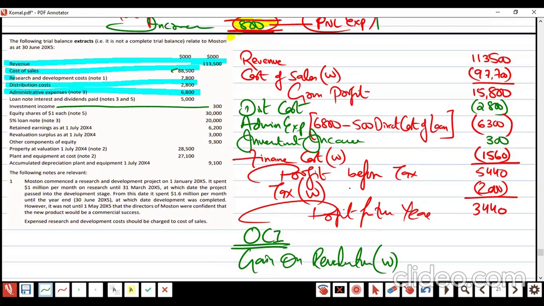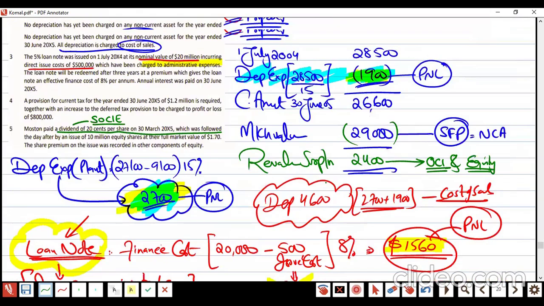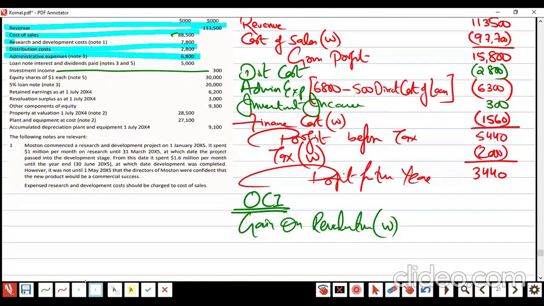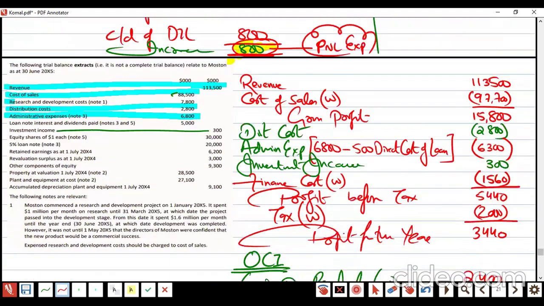We already computed it. 2,400. So gain means added, and the answer is going to be the total comprehensive income for the year. How much? 5,840. That's the income statement of 10 marks.